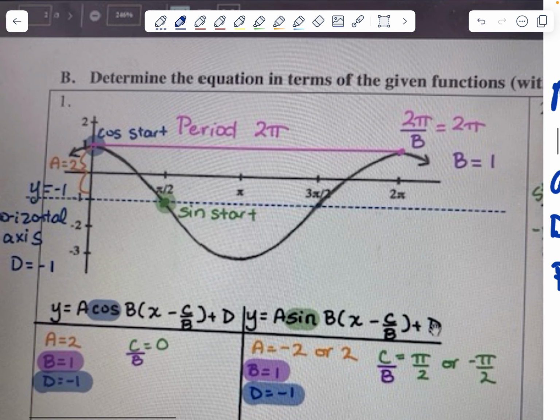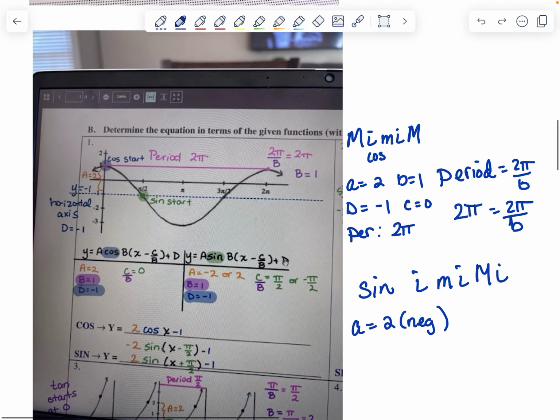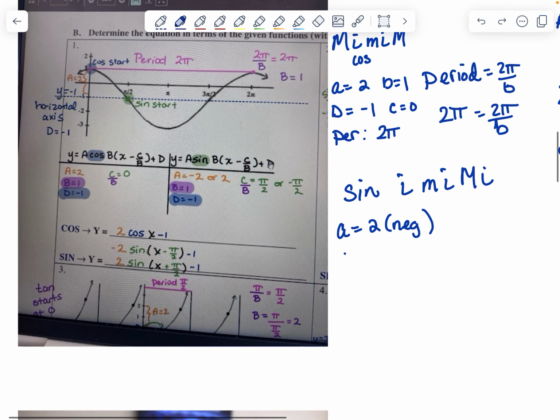And if it's starting at pi over 2, that means it used to be at 0. It used to be here, but it got shifted to the right. And shifted right means it was actually negative. So that means our C value is negative pi over 2 because it was shifted to the right, which actually means -2, opposite of what you would think.